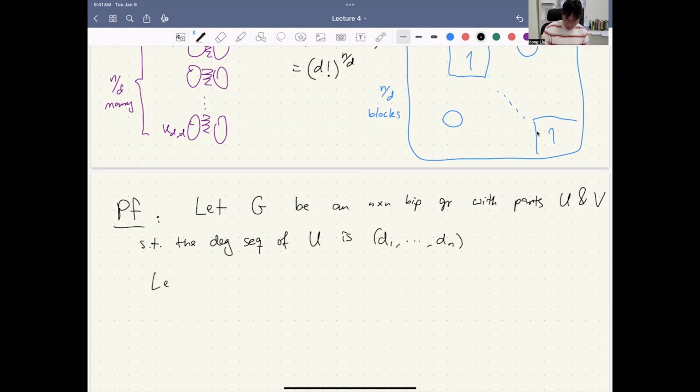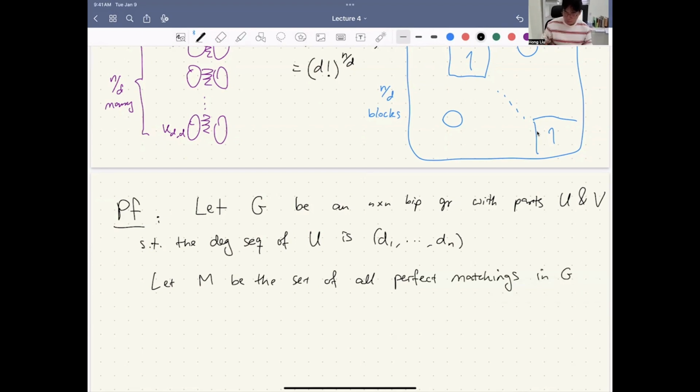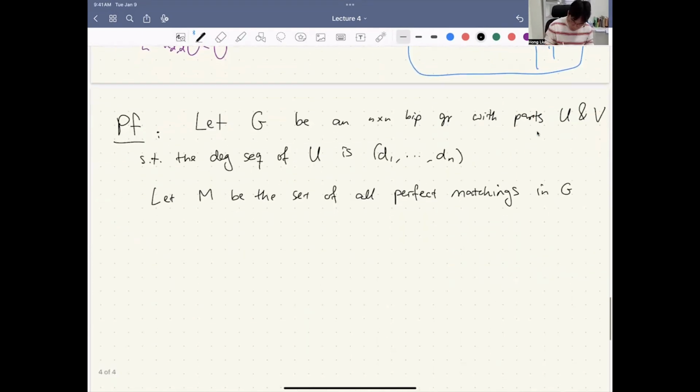Let M be the set of all perfect matchings in G. Our goal is to show the cardinality of M is at most the product of d_i factorial raised to the power 1 over d_i, i from 1 to n.